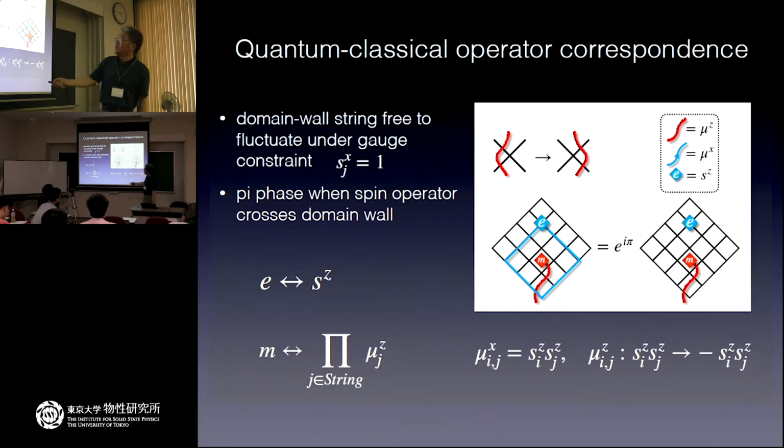Oh, maybe you can, if you look at this form, this is non-local. This non-local form has a magnetic flux operator in terms of a string of this domain wall operator of the bottom layer Ising spin.